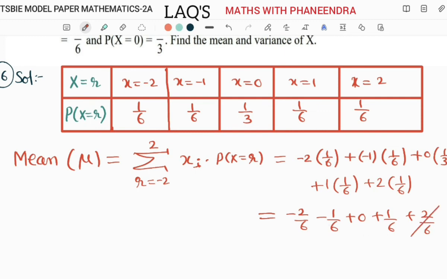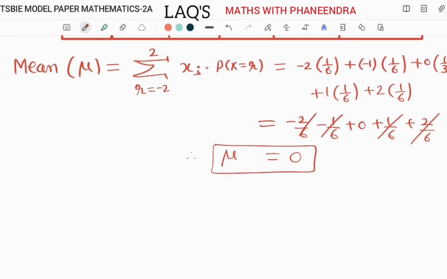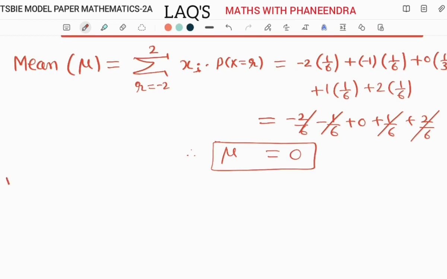So all values cancel to 0. Therefore, the mean value goes to be 0. Next, variance. Variance, sigma square. So sigma, R is equal to minus 2 to 2.